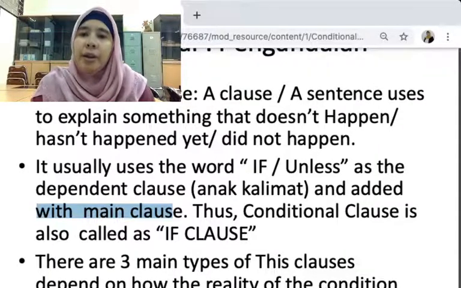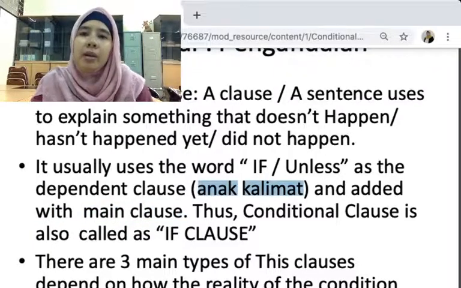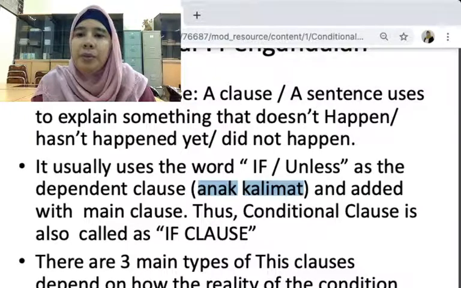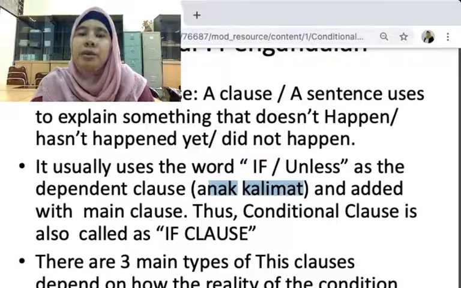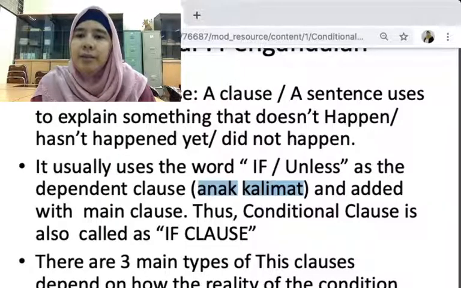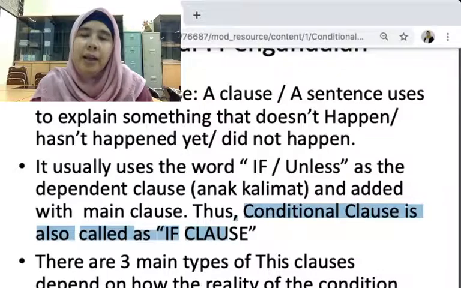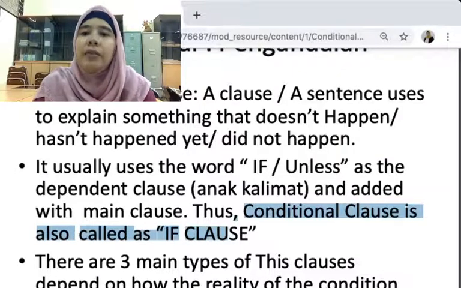The first one is the main clause atau induk kalimat, and the second one is the dependent clause. Ada independent clause, ada dependent clause. So the word if should be put in the dependent clause atau sebagai anak kalimat. That is why the conditional clause is also called the if clause. Nama lainnya dari conditional clause adalah if clause.